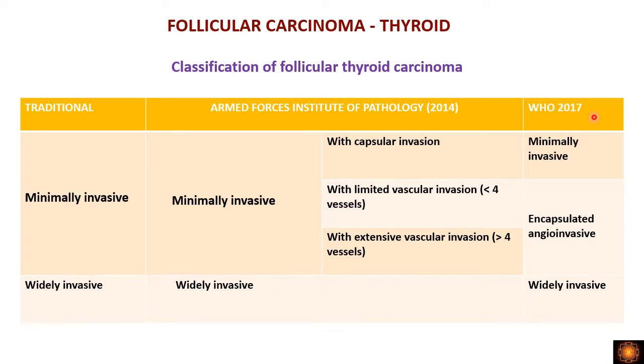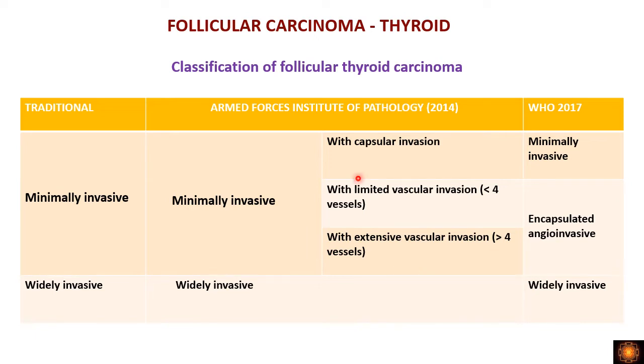Initially they just classified it as minimally invasive and widely invasive, and in the minimally invasive they included capsular invasion, with or without vascular invasion. It can be limited vascular invasion when fewer than 4 vessels are involved, and extensive vascular invasion when more than 4 vessels are involved.